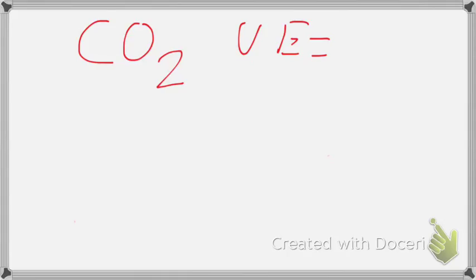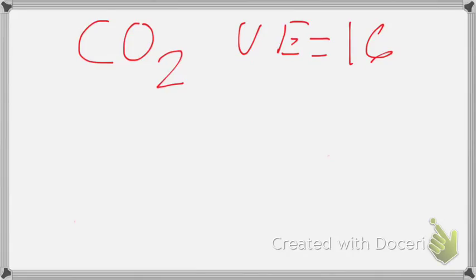The oxygens, each one of those has 6 valence electrons, so we would have a total of 12 valence electrons for the oxygens. The carbon has 4 valence electrons, so that gives us a total of 16 valence electrons.